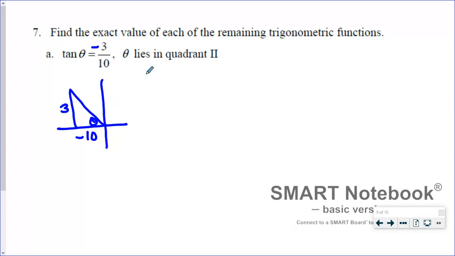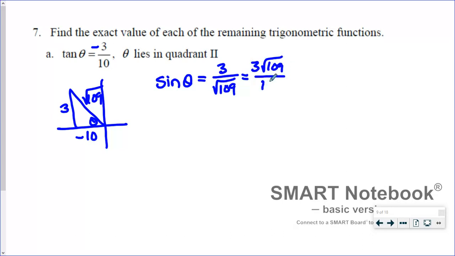I can use my Pythagorean theorem here, and this is just going to be the square root of 109. So now I can find all of my other trig functions. Sine of theta is equal to opposite over hypotenuse. So 3 over root 109, which is the same thing as 3 root 109 over 109.